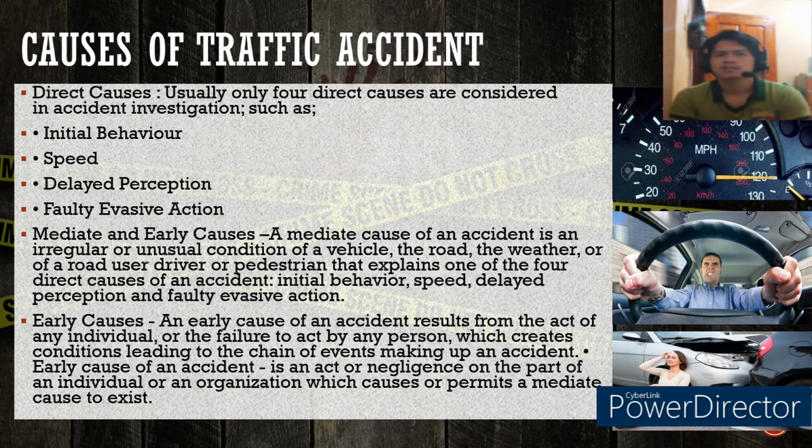An early cause of an accident results from the act of any individual or the failure to act by any person, which creates conditions leading to the chain of events making up an accident. So the early cause of an accident is an act of negligence on the part of an individual or an organization which causes or permits an immediate cause to exist.